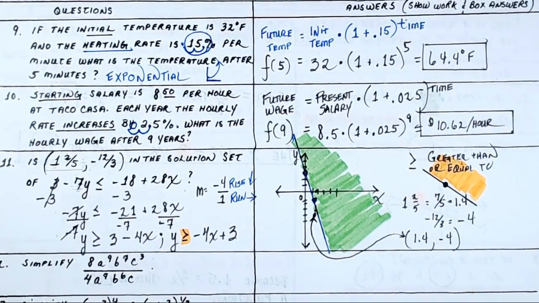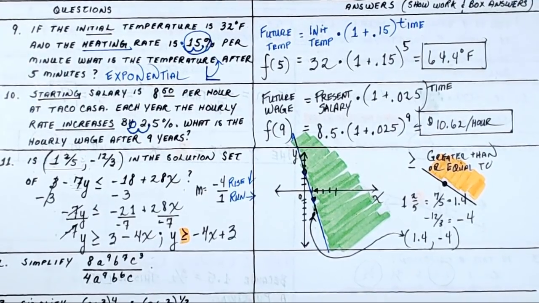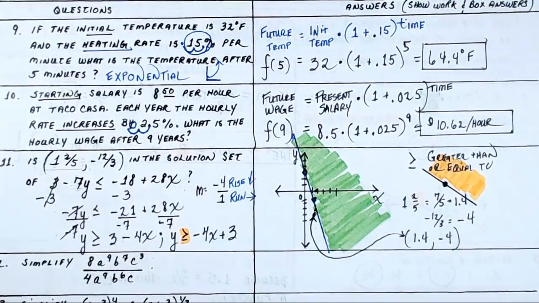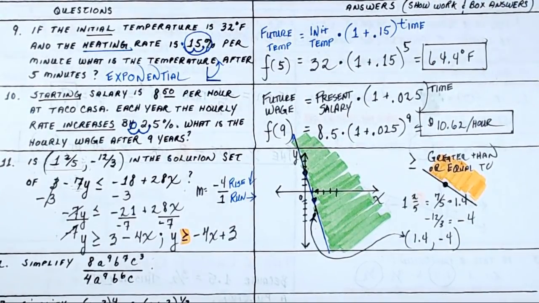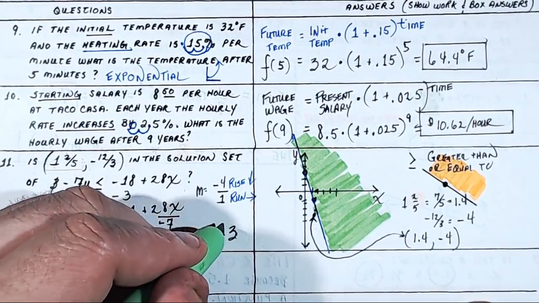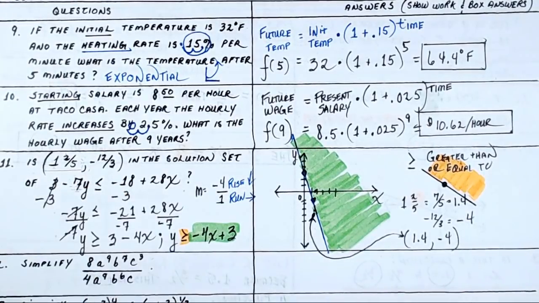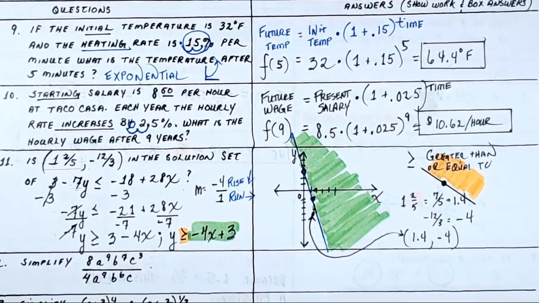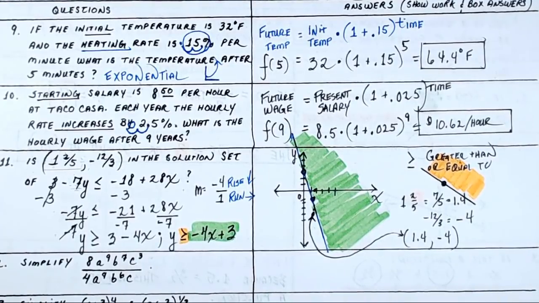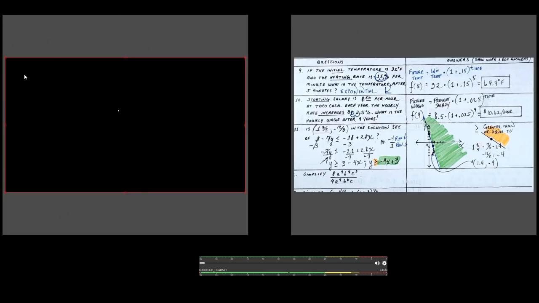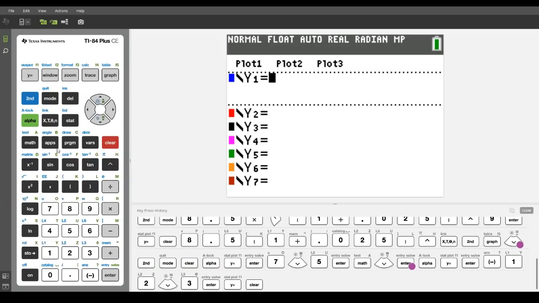If you weren't sure about this and you wanted to be extra certain, what you could do is go back to your calculator. We're going to be playing a little bit of a game here with this negative 4x plus 3. Let me show you how to do this. Go to y equals, clear that out, and put in negative 4x plus 3.